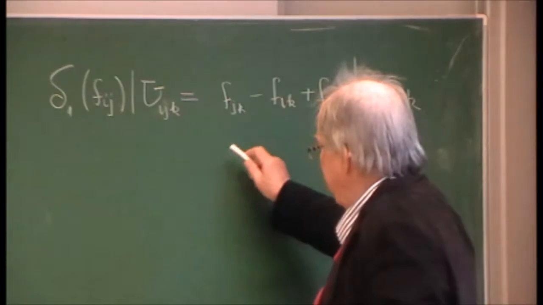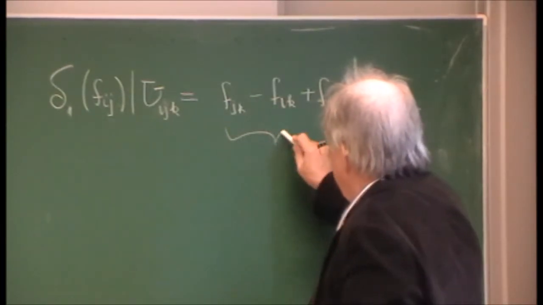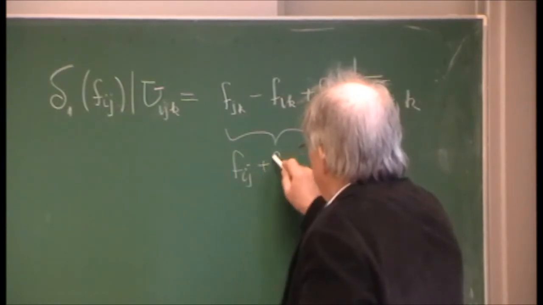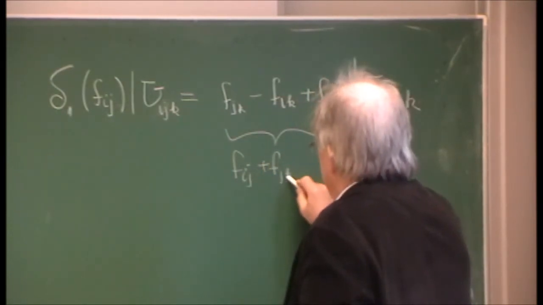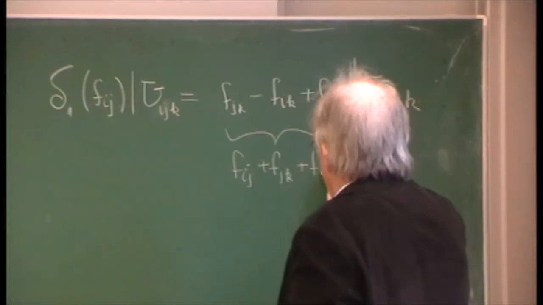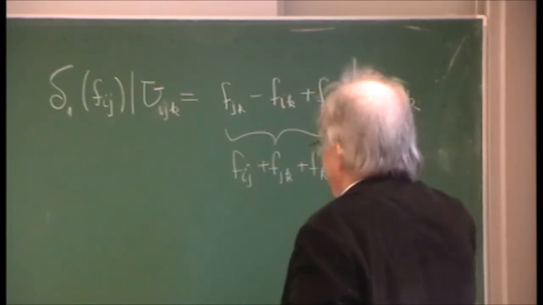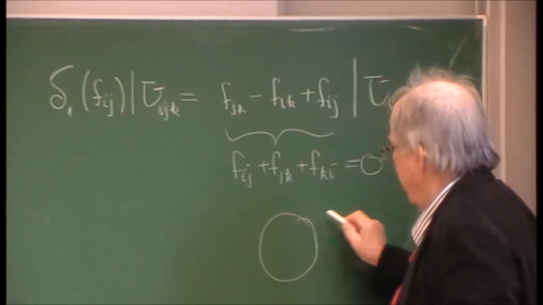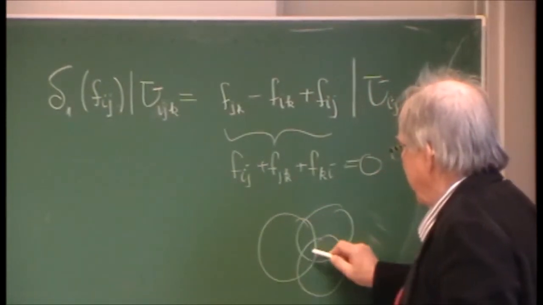Now, if you write that in another way using the alternating property, look what that means. It means that Fij plus Fjk plus Fki equals 0. This is a very natural condition. You have three sets, and they intersect.